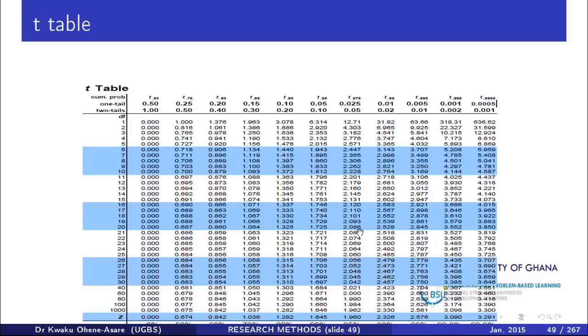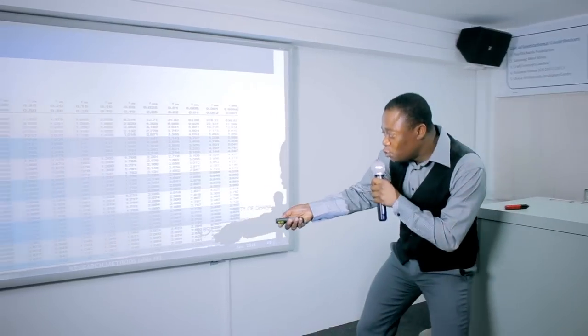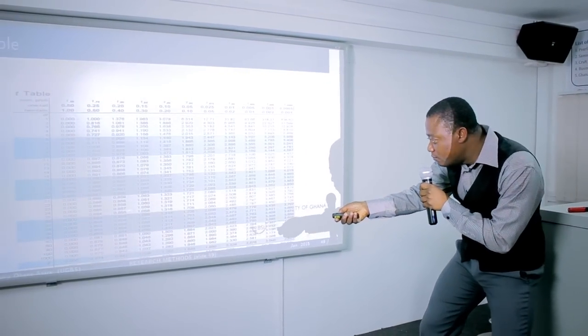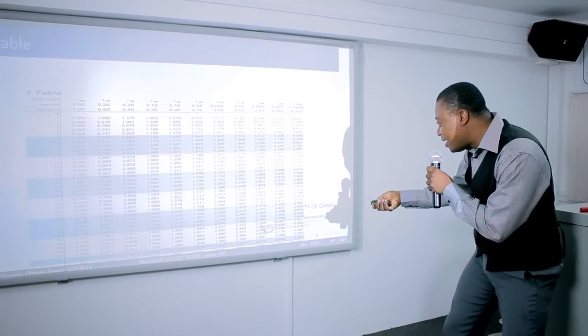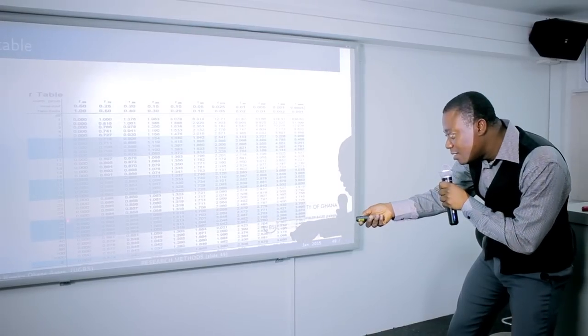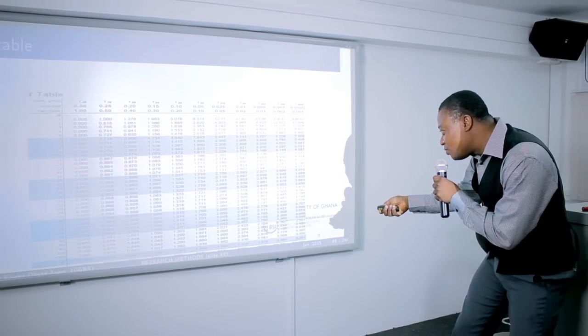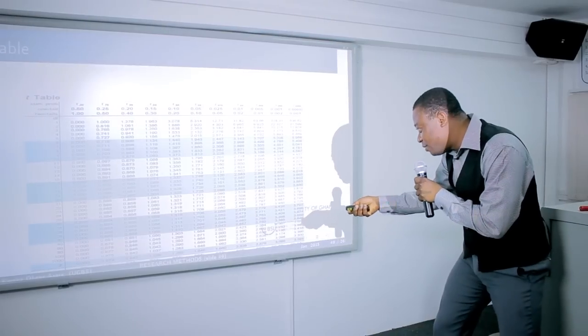Okay, now let's give it to one of you. Who can tell me the value of the T tabulated? Yes, Per. The T tabulated is 2.060. Final answer. That is good. 25. Let's see. Move, and then you have it right there. 25. There you go.